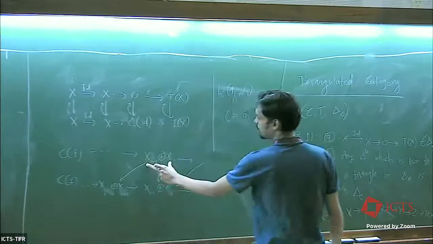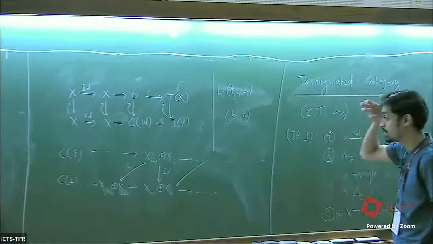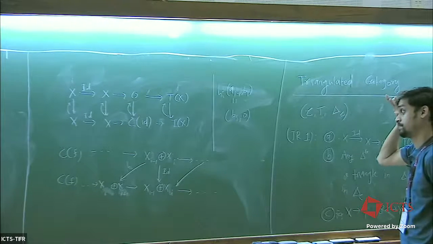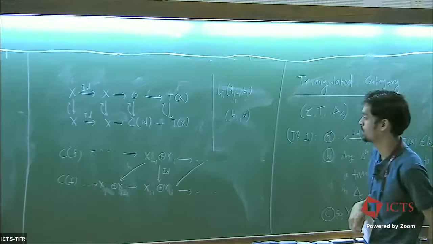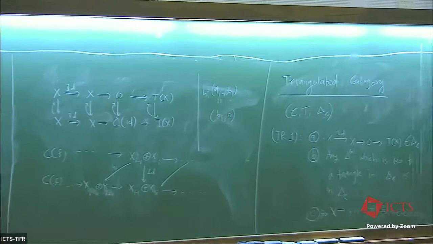AI minus 1 comma BI goes to BI comma 0. And this gives you the homotopy. So that verifies this action.